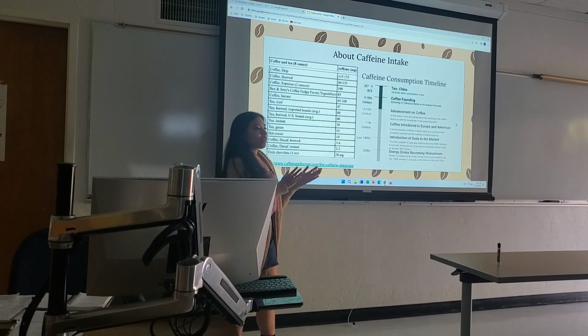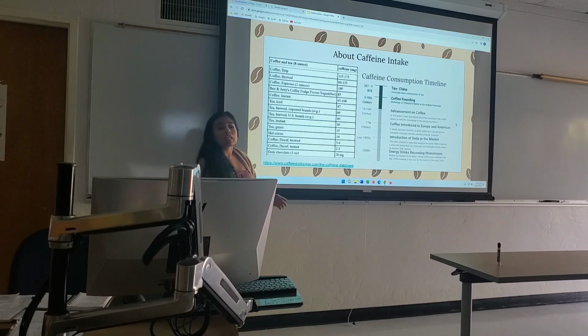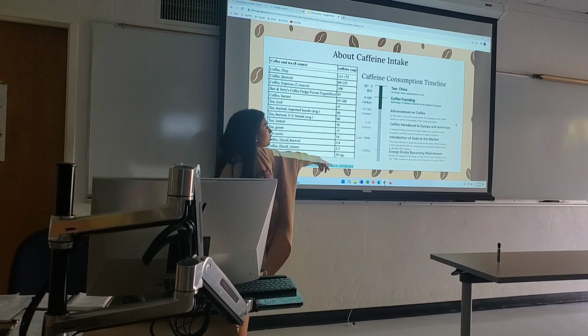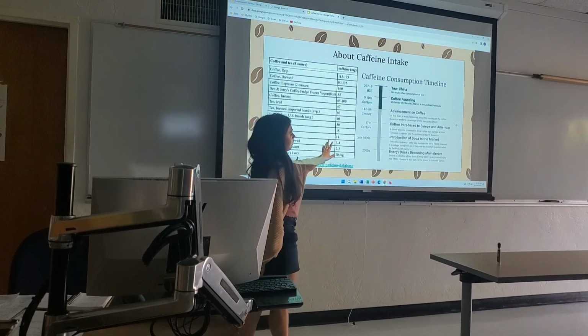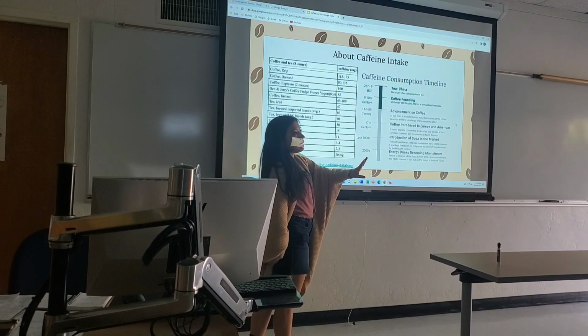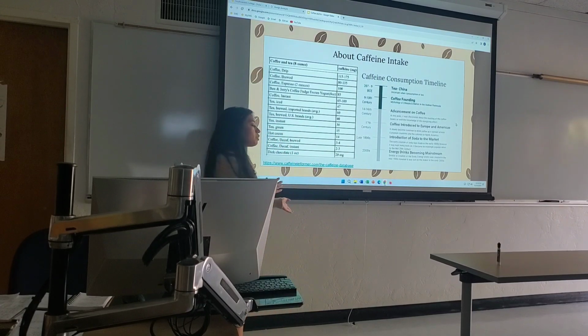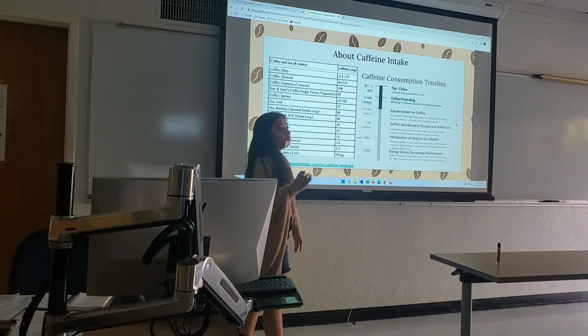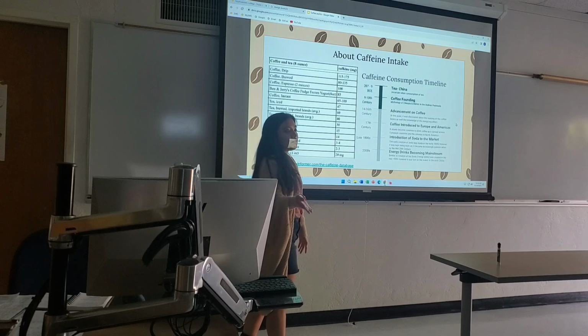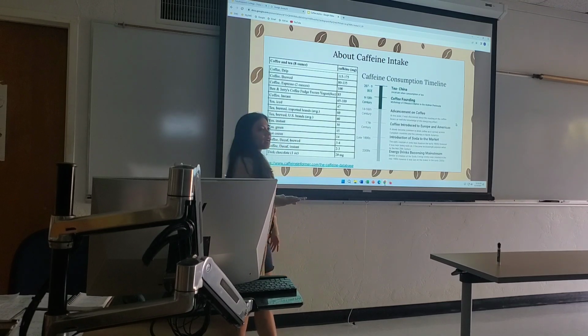So throughout the years they tried other methods, adding flavorings, fruits, or certain things so the flavor could be better, and it was sold on the market in the late 1800s. It became increasingly popular, reaching its highest point by the mid 2000s, and at that point there was also a shift, a decrease in caffeine intake as well.